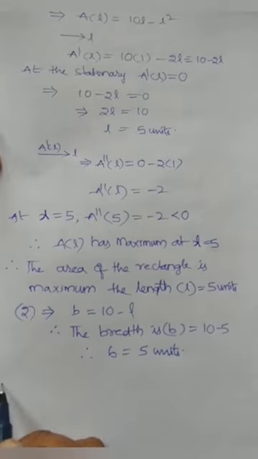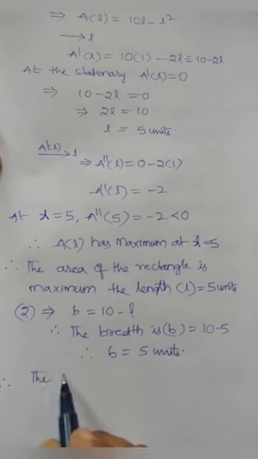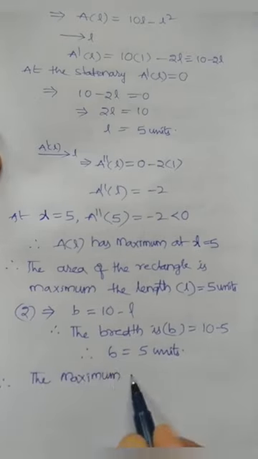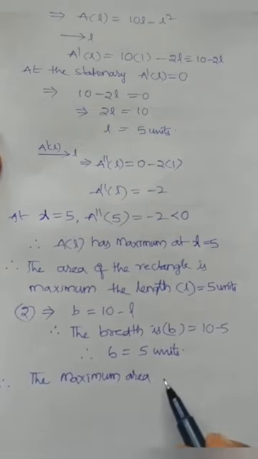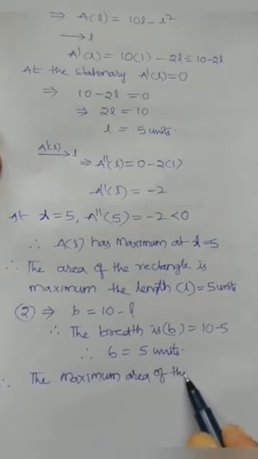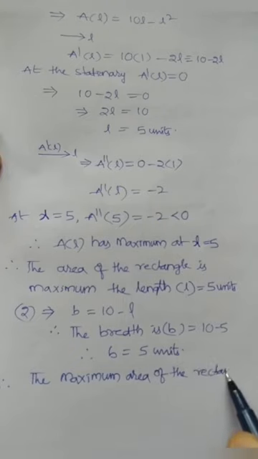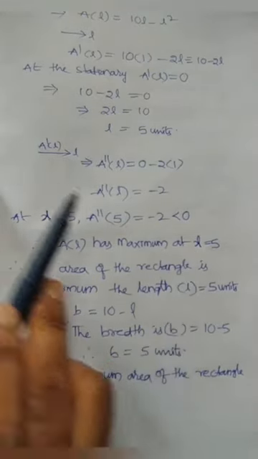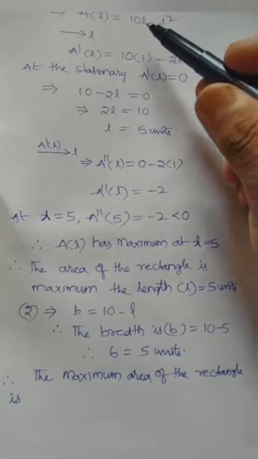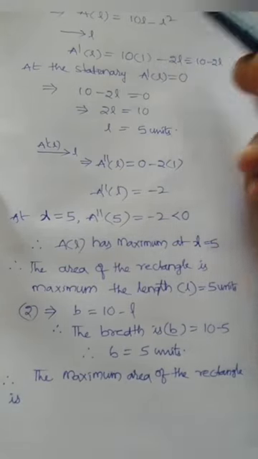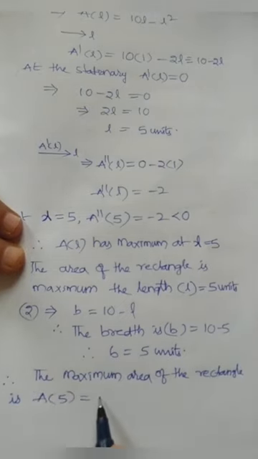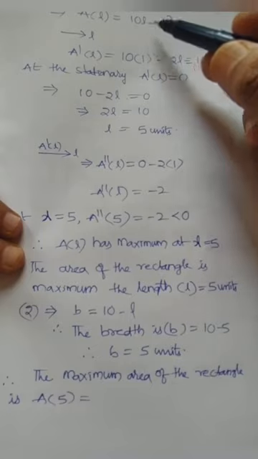Therefore the maximum area of the rectangle is attained at L equals 5. So what is our function? A of L is equal to 10L minus L square. So A of 5 is equal to, in place of L here I am going to substitute 5.